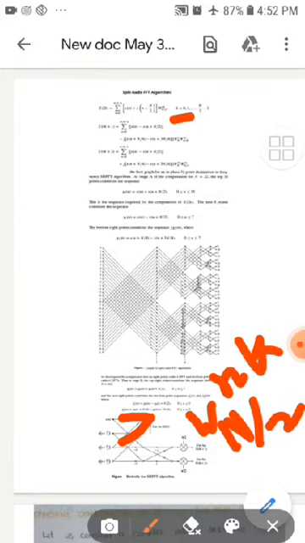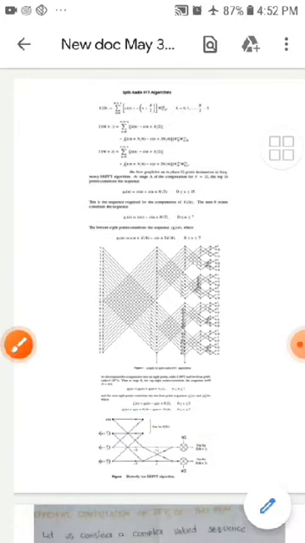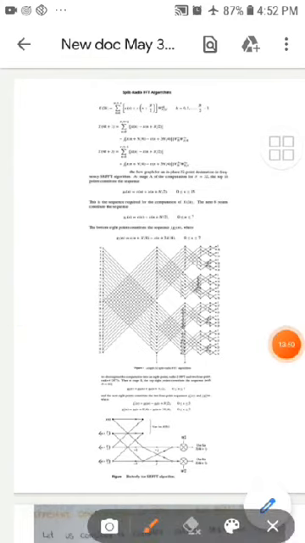And next is X of 4k plus 1. In X of 4k plus 1, this is the X of 4k.